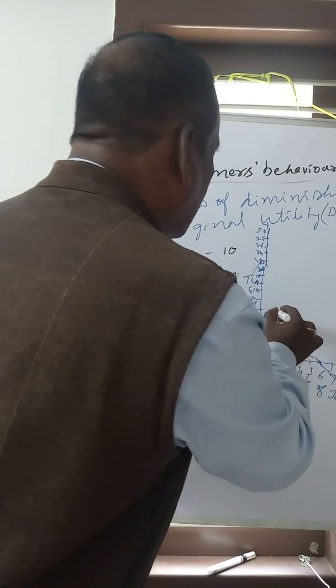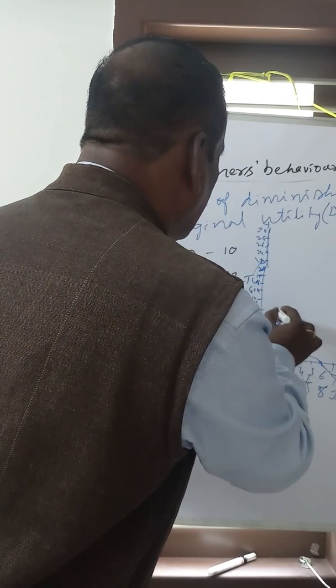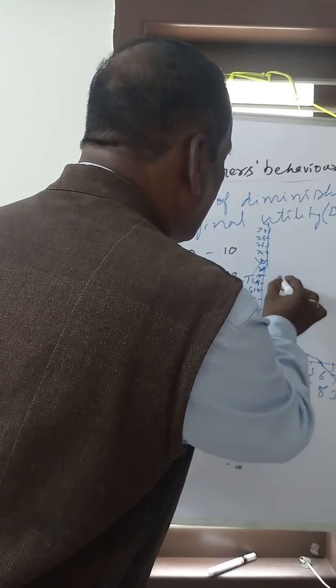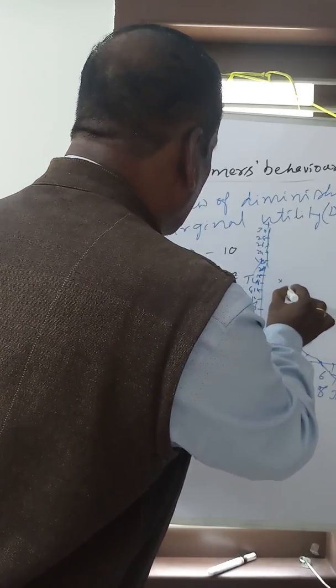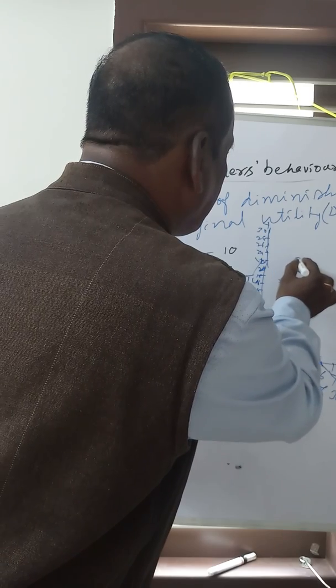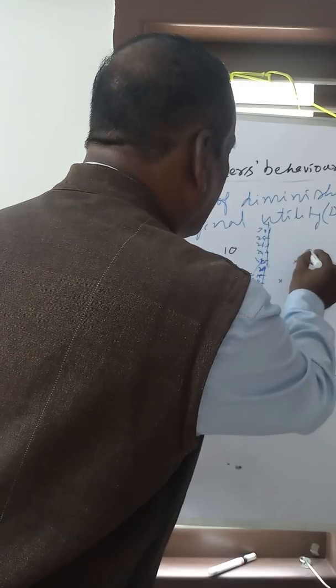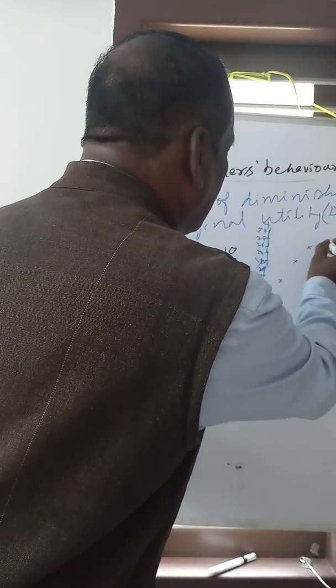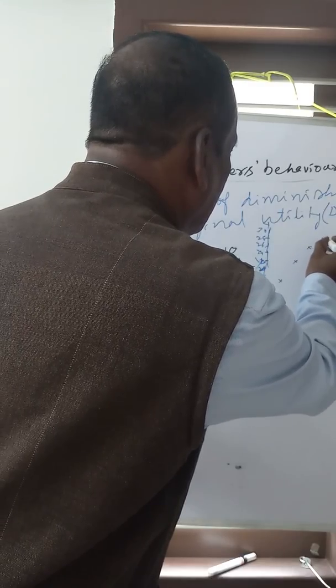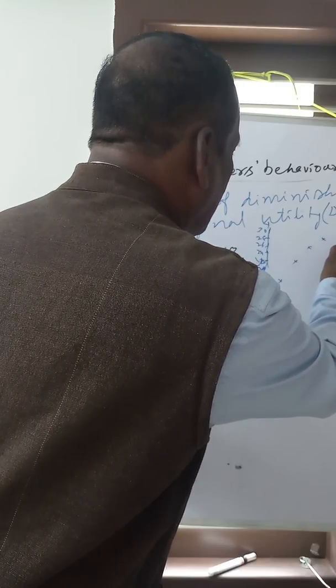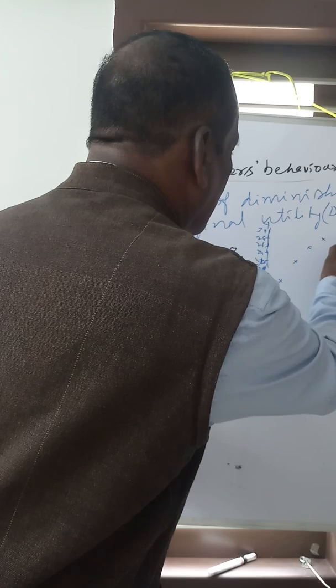And now let's see the total utility: 10, 18, 24, 28, 30, and 30, then 28.